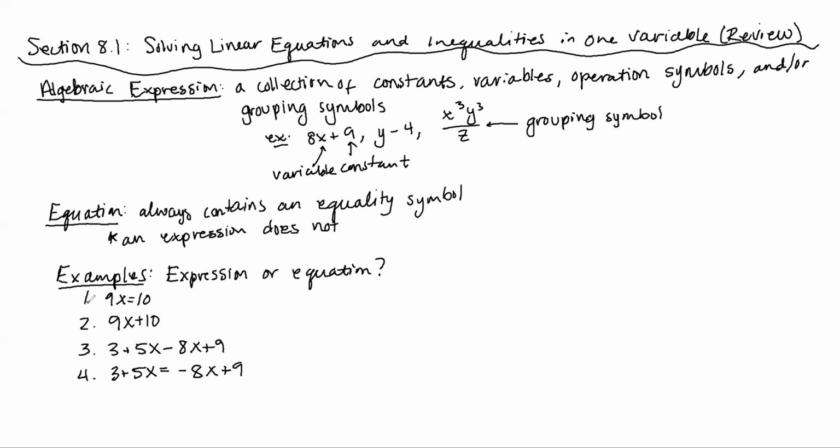So number 1, we have an equal sign here, which means this is an equation. Number 2, there is no equal sign, so this has to be an expression. Number 3, again, no equal sign, so this is an expression.